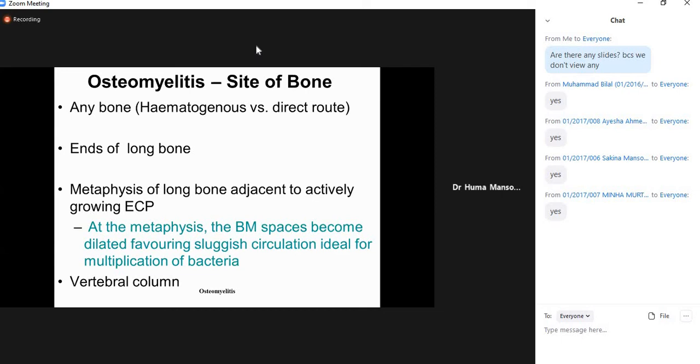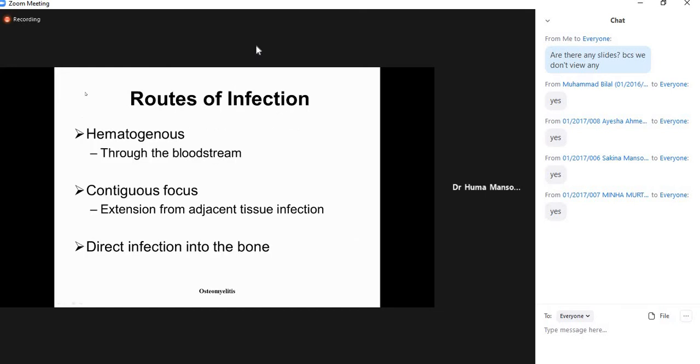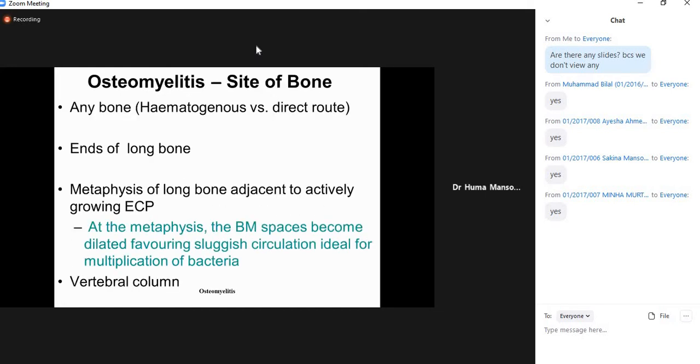So what are the sites of the bone which are most commonly involved in osteomyelitis? It can be any bone, but most of the time it's the long bones. The ends of the long bones are commonly affected, the metaphyses of the long bones adjacent to the actively growing endochondral plate.